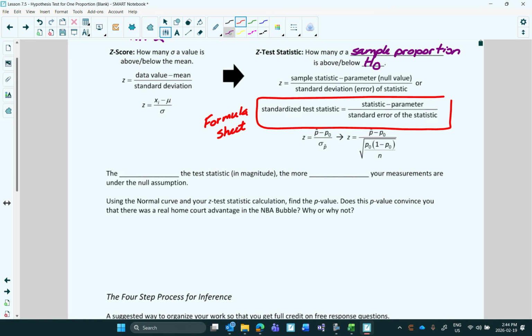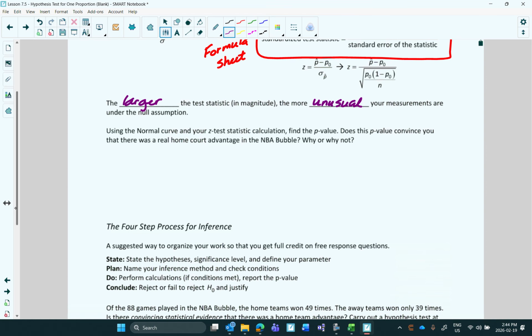And the larger the test statistic, the bigger that number is, the more unusual your measurements are, because it tells us how many standard errors or standard deviations away.